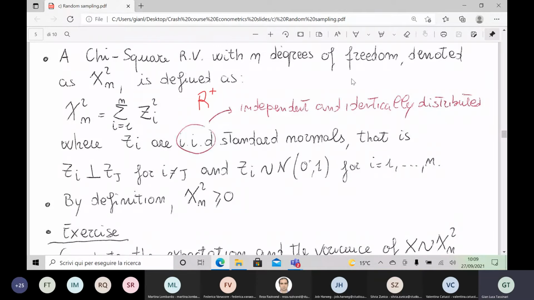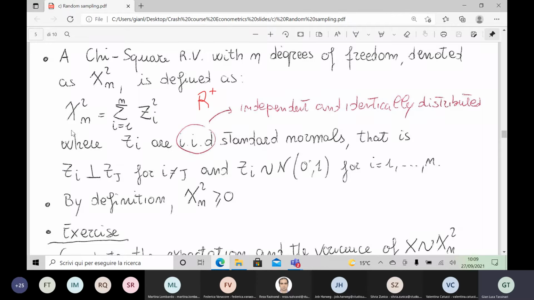I mean, if you look at the horizontal axis, this variable is defined only on the positive part of the x-axis, and also at 0, because I told you that it can assume, in theory, also the value 0.